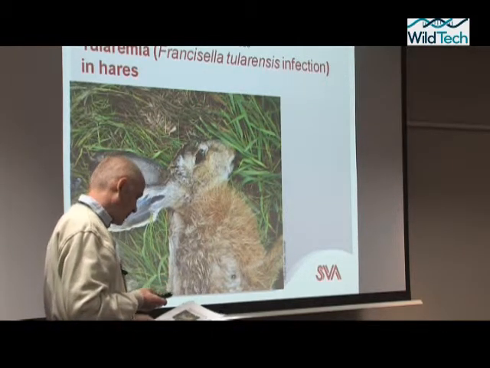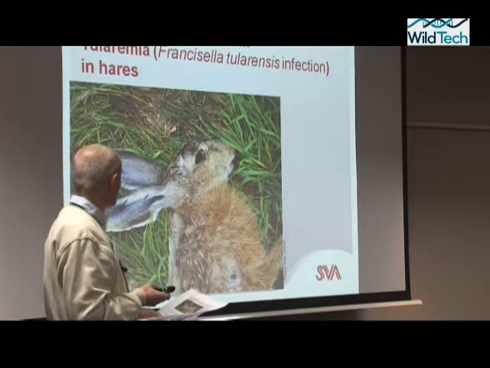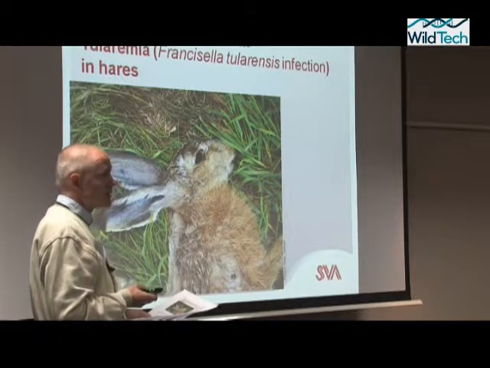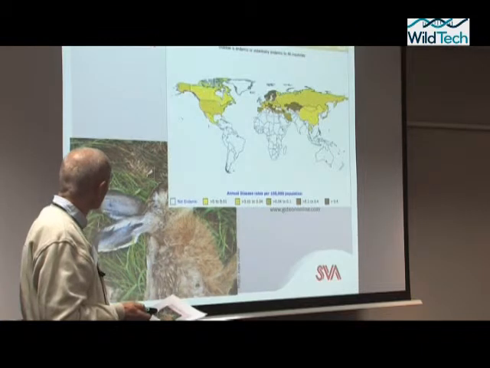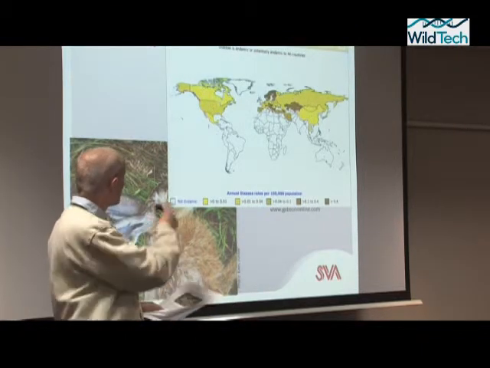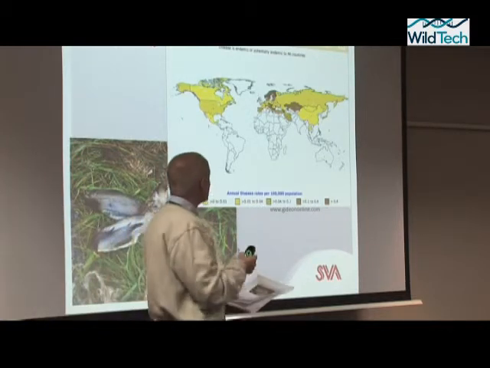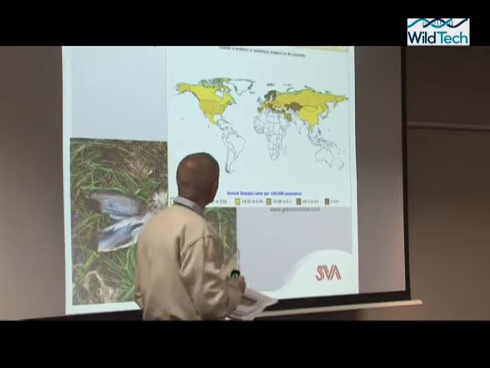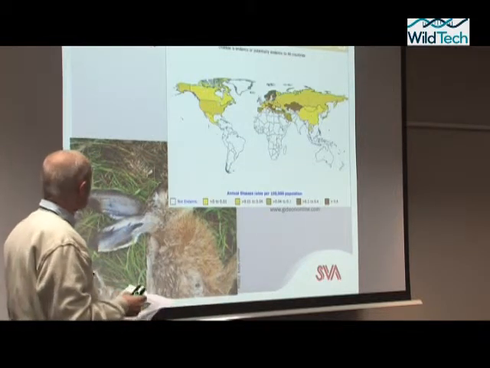And the cause, as you all know, is a gram-negative bacterium, Francisella tularensis, that appears in several subspecies of varying virulence. Tularemia is widely distributed across the northern hemisphere with extreme hotspots, and in other areas considered an emerging disease.